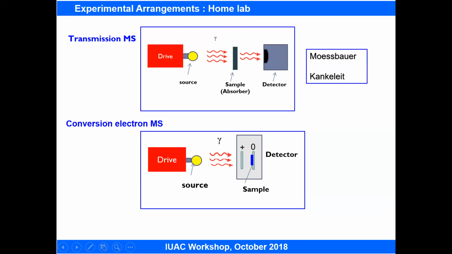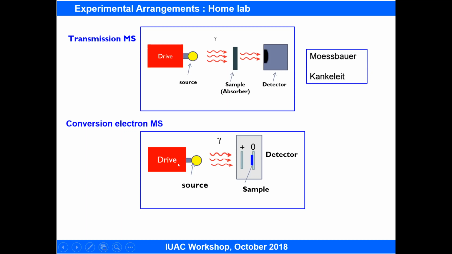And then, most of the Moessbauer transitions are low energy transitions. So in ideal cases, you get more conversion electrons emitted than photons. So conversion electron Moessbauer spectroscopy has become a very useful tool, because the sample is mounted in the detector and it contains the probes.